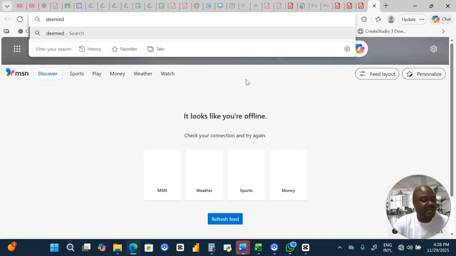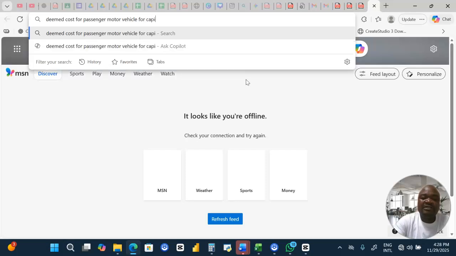Oh my God, let me try to hotspot myself here. Deemed cost for passenger motor vehicles. Passenger motor vehicle capital allowances.